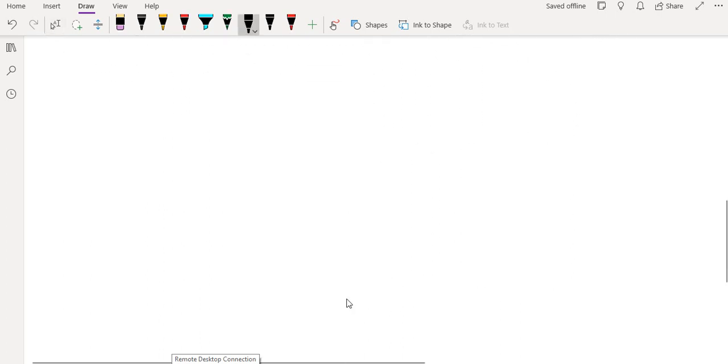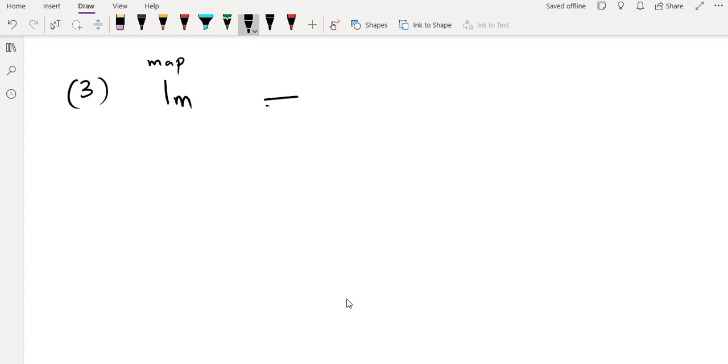Okay, on the map, 1 meter on the map is equivalent to 50,000 meters on the ground. That's what that scale means.